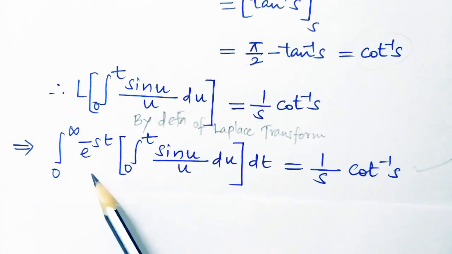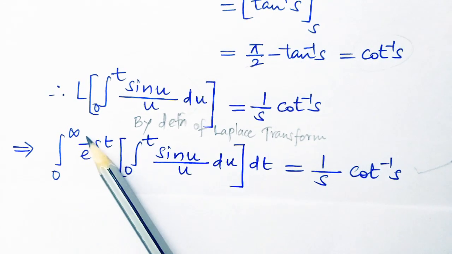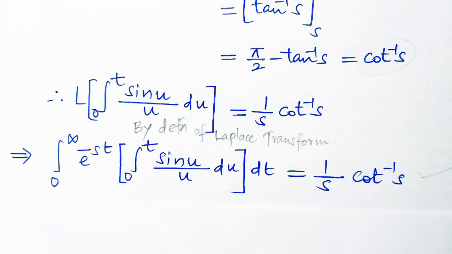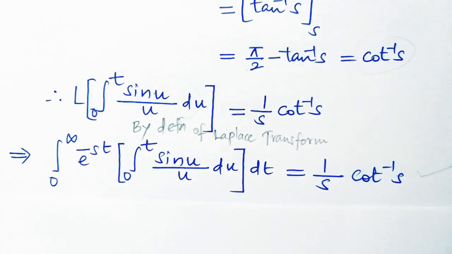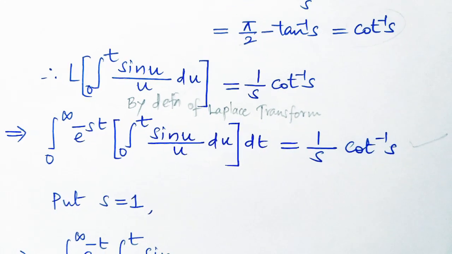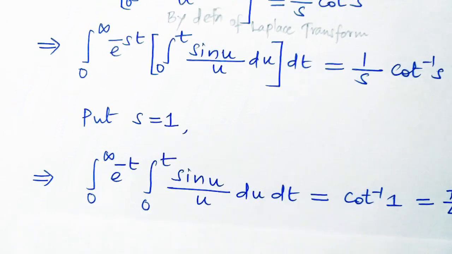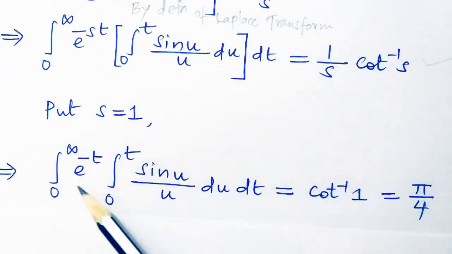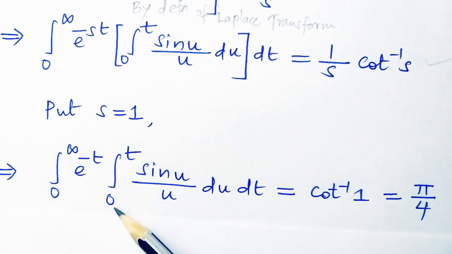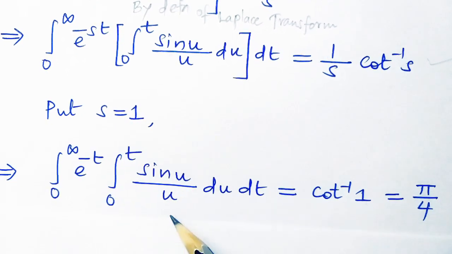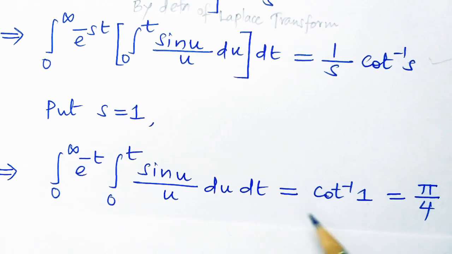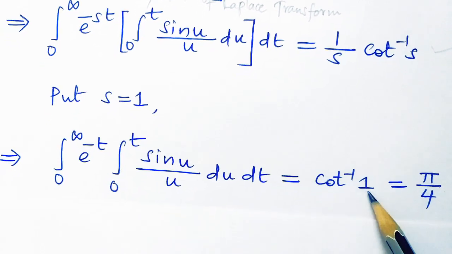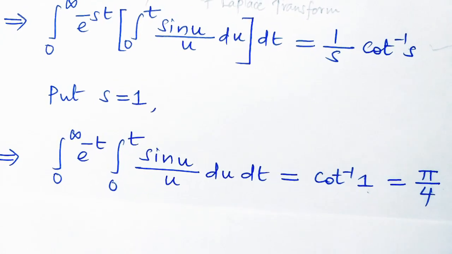But in the question here, it comes with 0 to infinity and e to the power of minus t. So for that, we substitute s equal to 1. For s equal to 1, we obtain the result as integration between 0 to infinity e to the power of minus t, 0 to t sine of u divided by u du dt, equal to 1 by s, that is 1 by 1, which is 1, times cot inverse of 1, which is pi by 4.